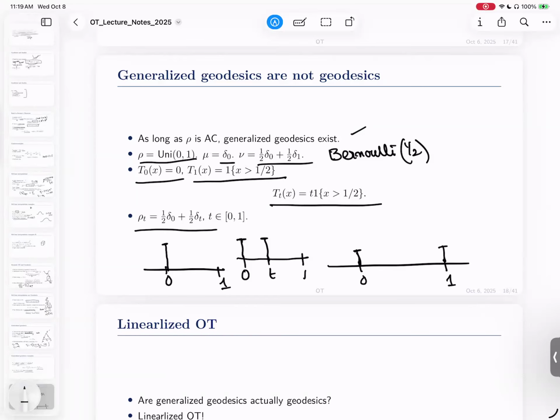Everybody is with me? Good? All right. Now, I keep on saying that this is a generalized geodesic, and I should be able to justify it. Again, in what notion is this a geodesic? So I justified that McCann interpolants are geodesic because of this notion of dynamic optimal transport. They are curves that minimize total kinetic energy.